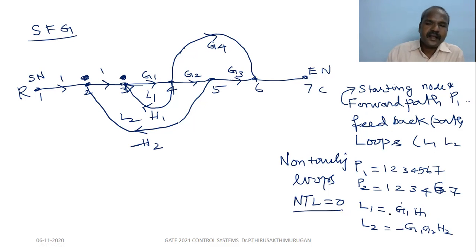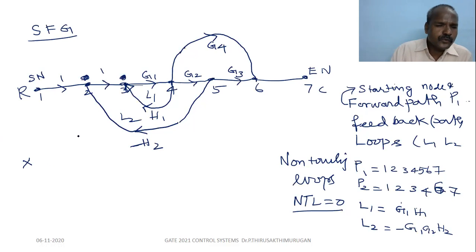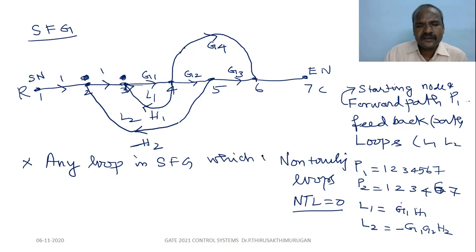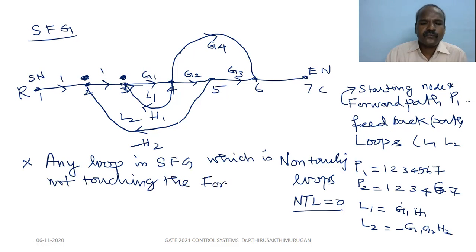Also, we have to find whether any loops in the signal flow graph are not touching the forward paths.